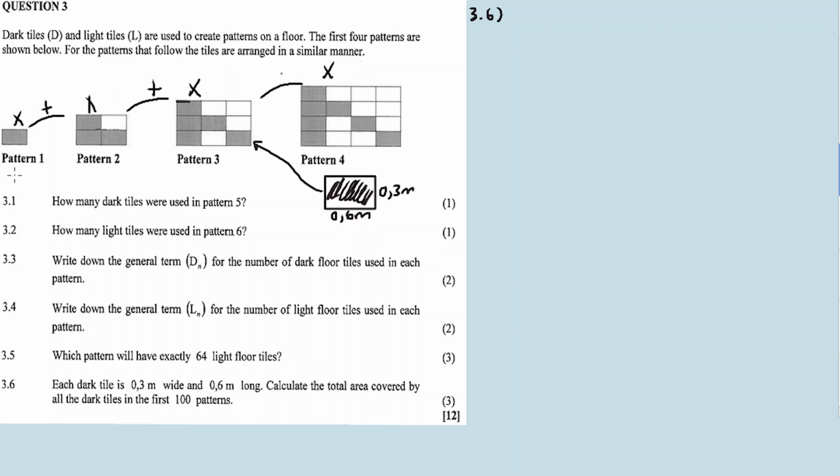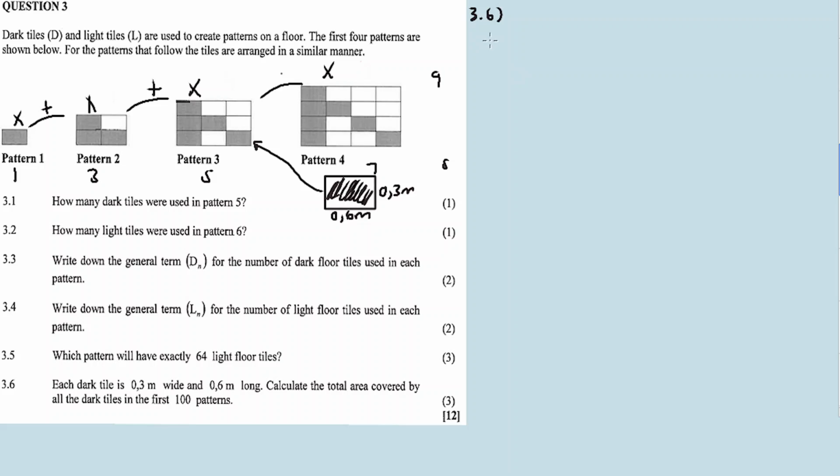Now, pattern number 1 is how many dark tiles? 1. Pattern number 2 is 3. Pattern number 3 is 5. Pattern number 4 is 7. And then pattern number 5 is 9. Right? It's now 9, remember.